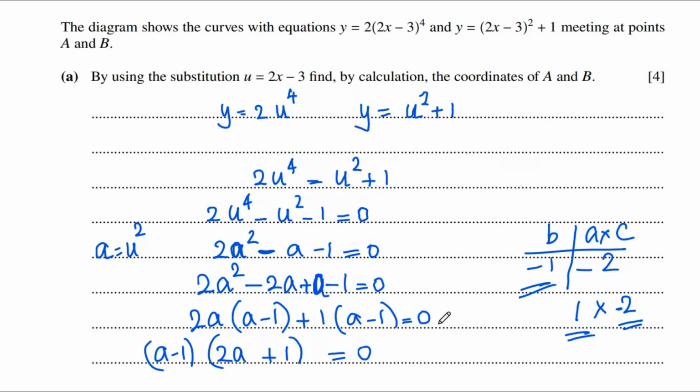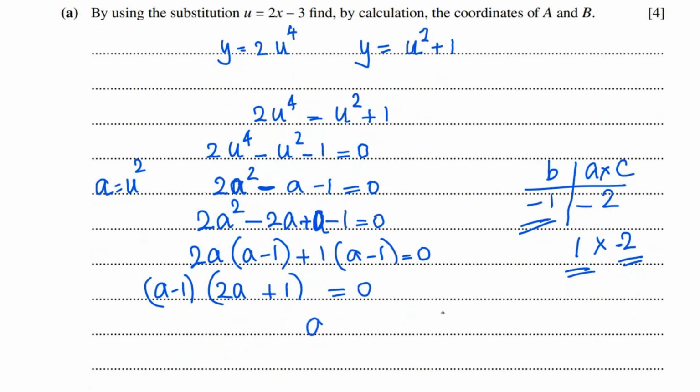So a equals 1, and 2a plus 1 equals 0. When 1 goes to the other side, it becomes negative 1, so a becomes negative 1 over 2.